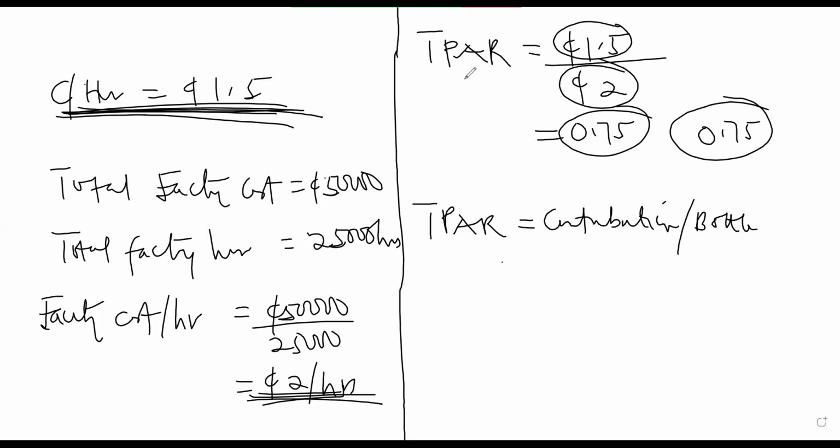So the bottleneck over there was labor hours. Some people call it the throughput return. So the contribution per the bottleneck divided by what? The factory cost per hour, or the factory cost per the bottleneck.